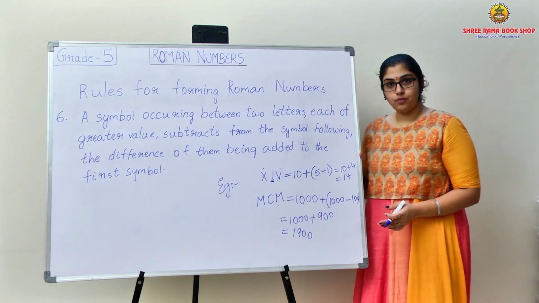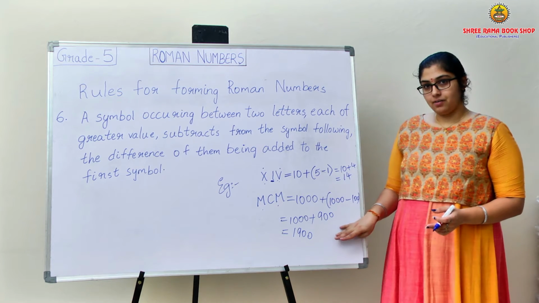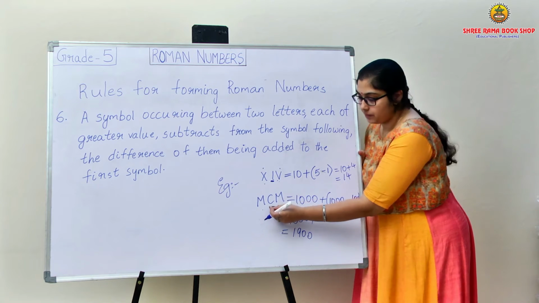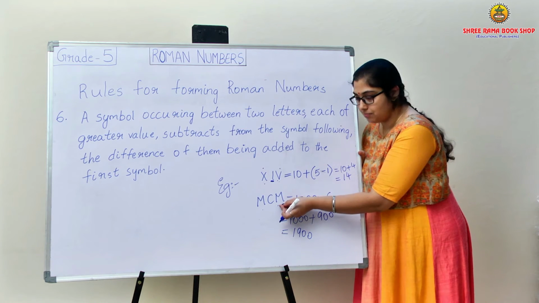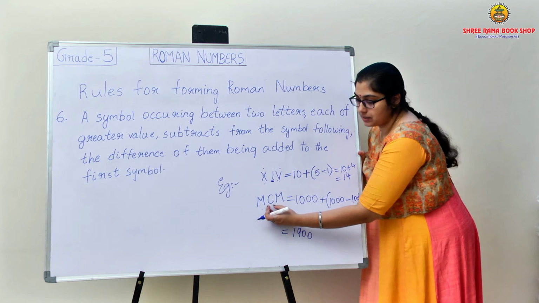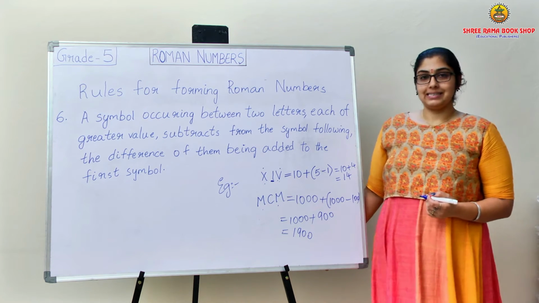Now did you understand how to do this? So with a smaller symbol in between greater symbols, subtract the value of the smaller symbol from the immediately following greater symbol, then add the result to the first greater symbol. This is what rule number 6 states.